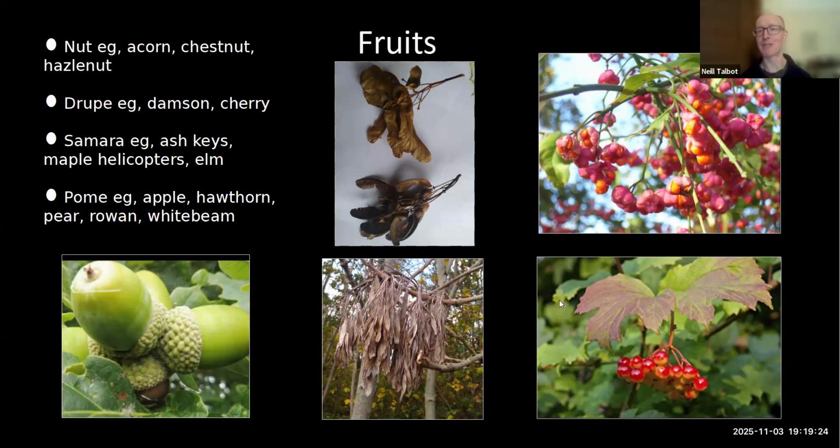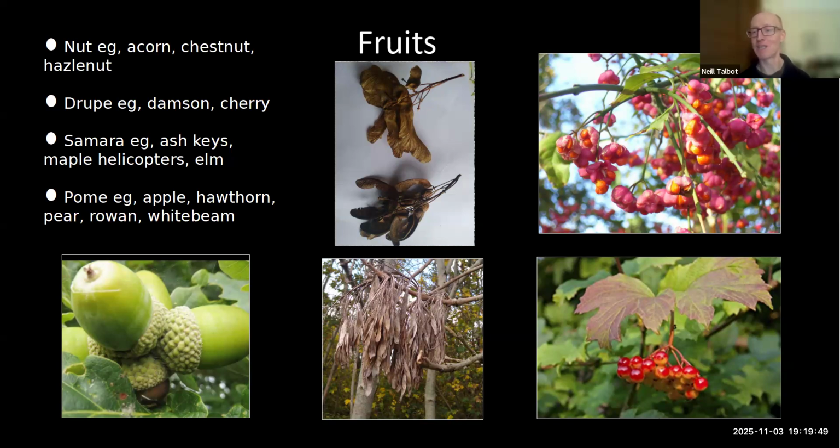The other two pictures, top right is a spindle tree, which has these beautiful pink and orange fruits. They're poisonous, so don't try eating them, but these are very distinctive. It's a native tree that you'll find in the understory in woodlands, but quite often in hedgerows as well.